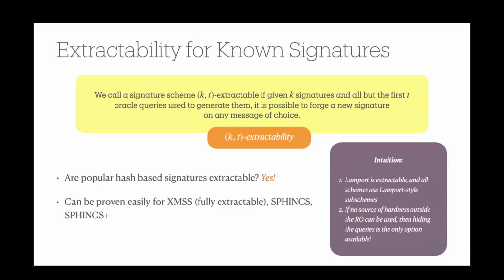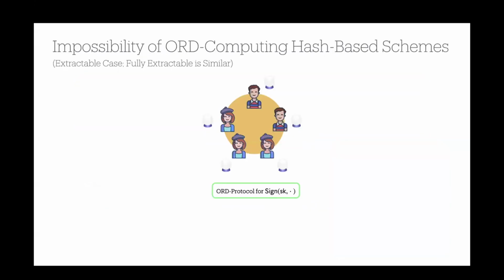And so if this is the case, then as I presented previously about Lamport, the only real way in which you can get authentication from Lamport signatures is by revealing the pre-image. And if a scheme does this, then you can pretty easily show it to be extractable. So basically any natural hash-based scheme that you can come up with has this property.